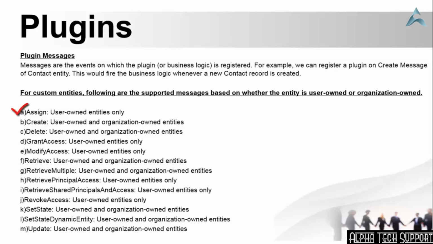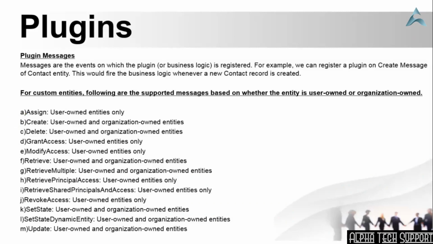Assign is a message available for user owned entities, which means you can assign specific tasks to a user. Then create is a message available for user owned and organization owned entities. For example, you can create a record within an employee entity as well as within an organization department.